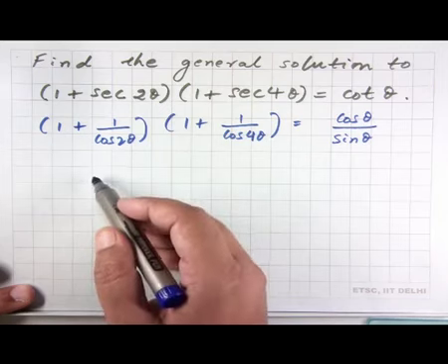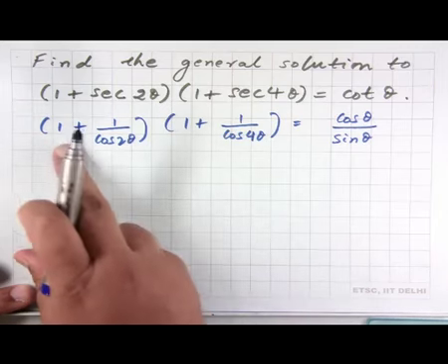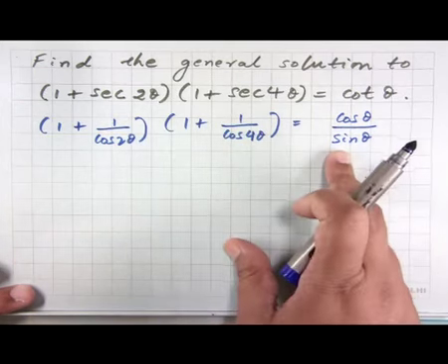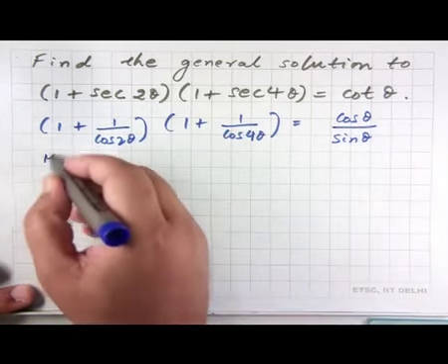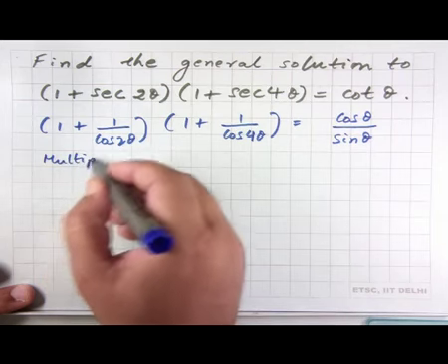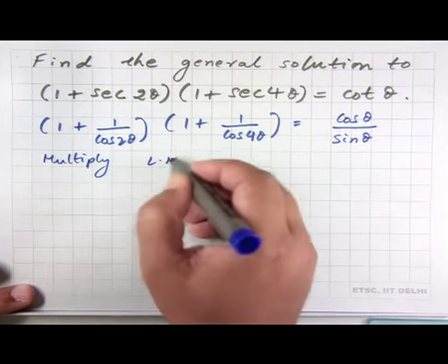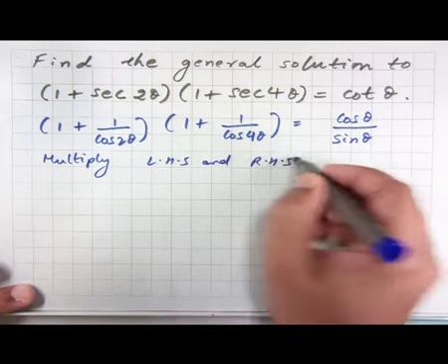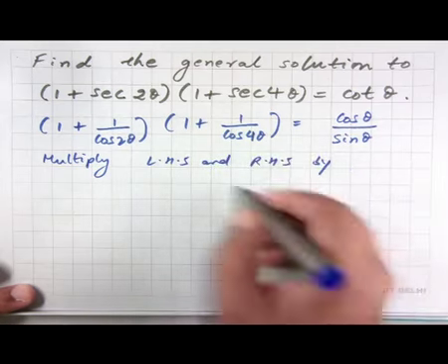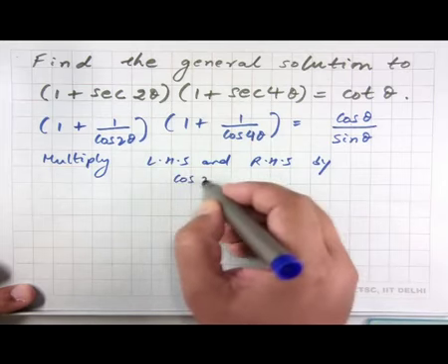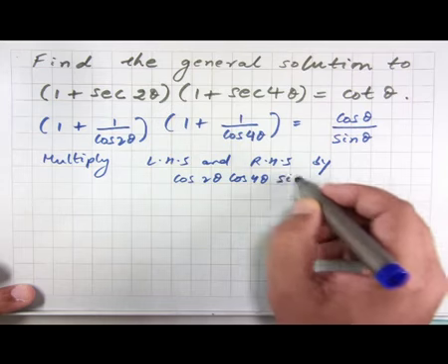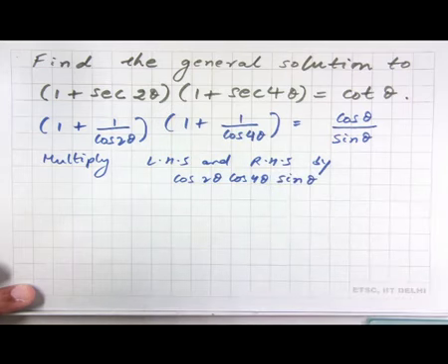and then we multiply both the left hand side and the right hand side by cos 2 theta times cos 4 theta times sin theta.